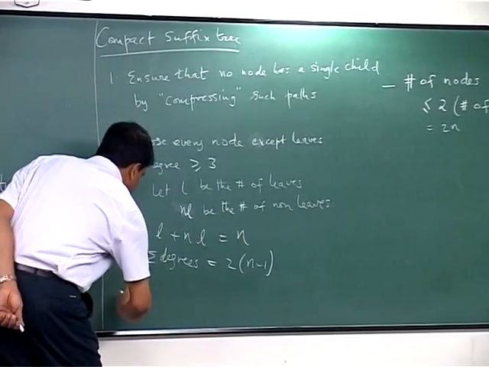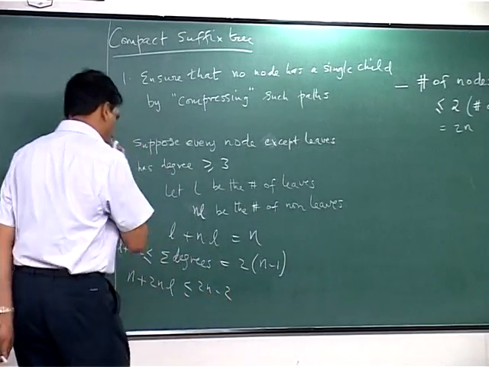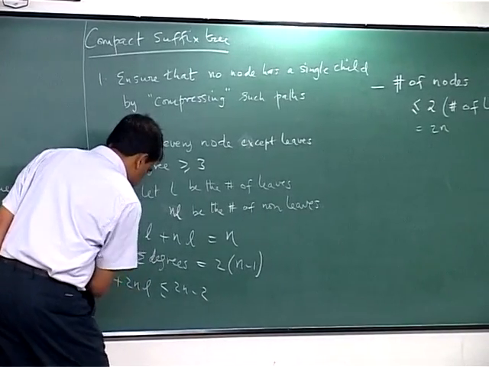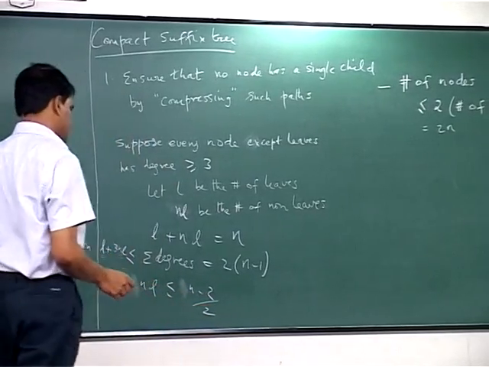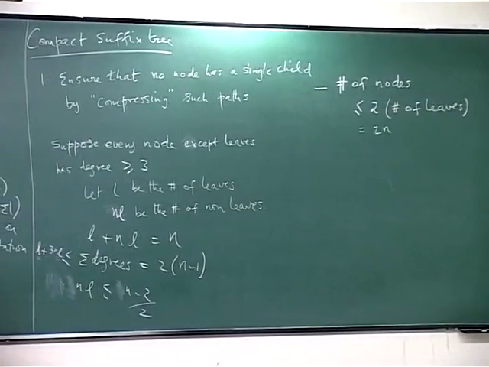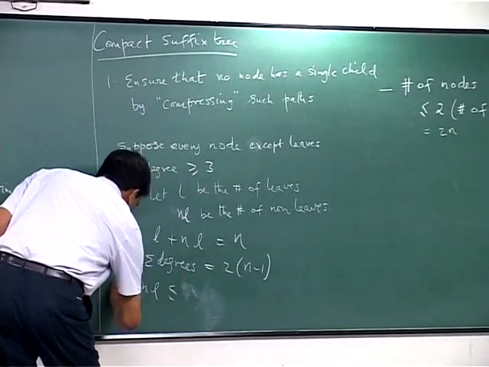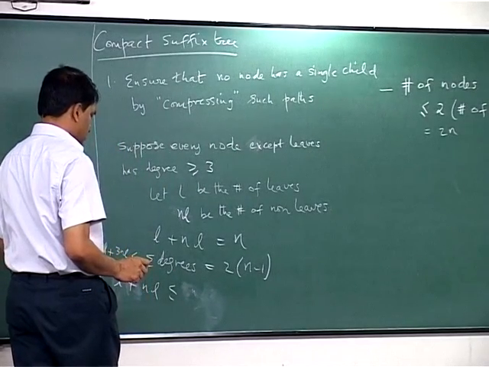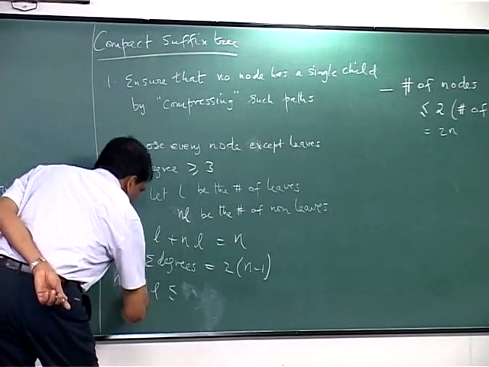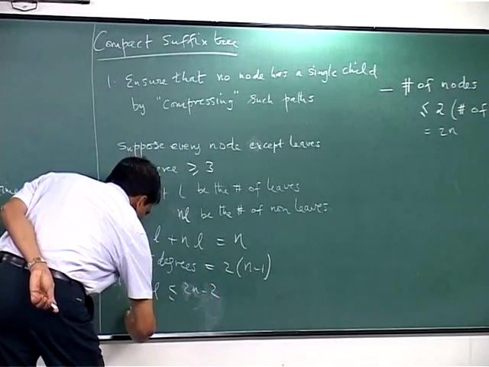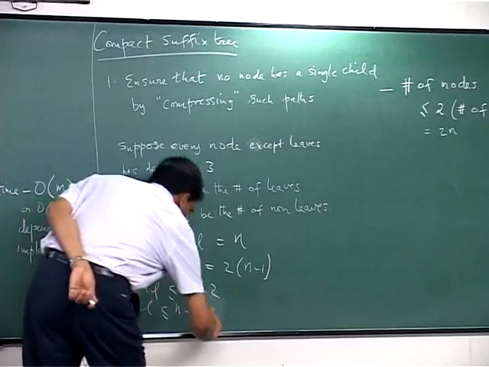So let me write L as n minus NL. So n plus 2NL is less than or equal to 2n minus 2.